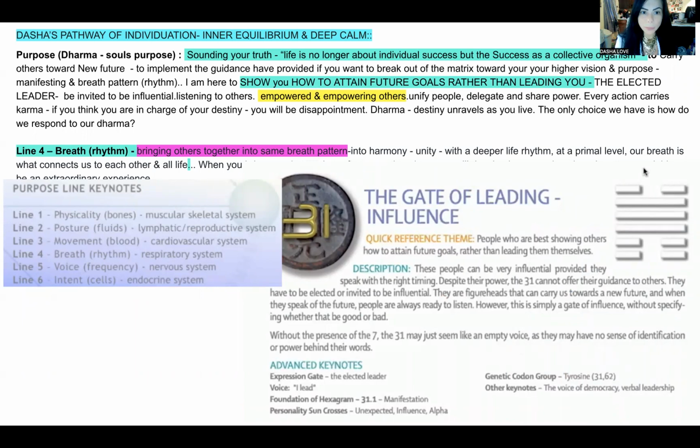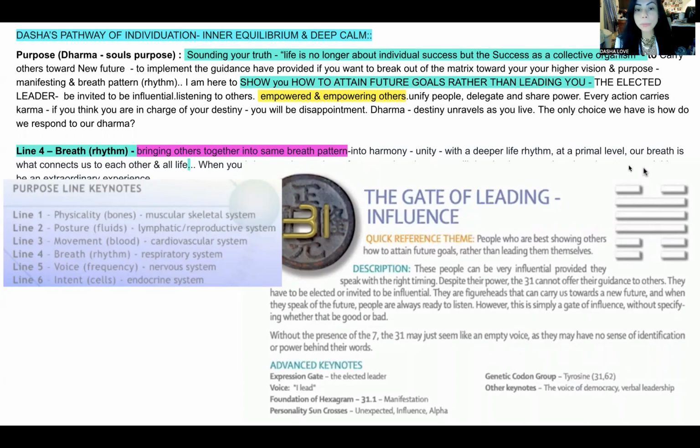And for me, my purpose is sounding my truth, right? And it's all about life is no longer an individual success story, but is a success story for the collective organism. My job here is to carry others toward a new future, to implement the guidance and provide them with a path to break out of the matrix into this higher vision, into the purpose, manifesting and transforming through the breath pattern, changing the rhythms.